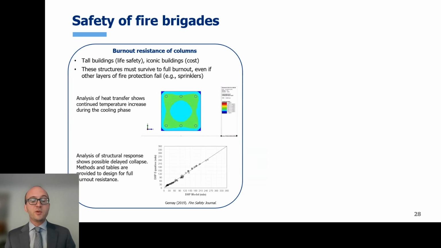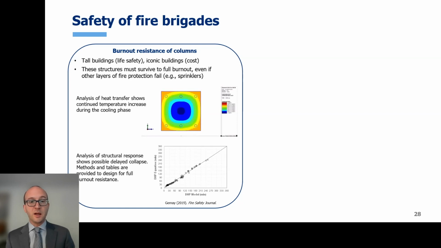Now, there are other types of benefits of modeling the behavior of structures in fire and using computational modeling. And without going into details, I'll just mention a few. So, for example, this can be used to address important safety questions for building occupants and also for firefighters.